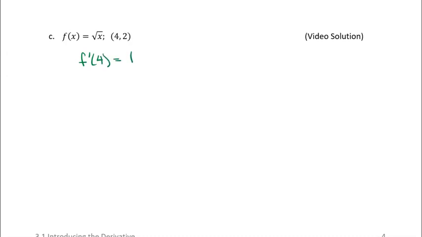So the limit as h approaches 0 of, I'm just going to write it out, f at 4 plus h minus f at 4 all over h, right? Okay, so limit as h approaches 0.